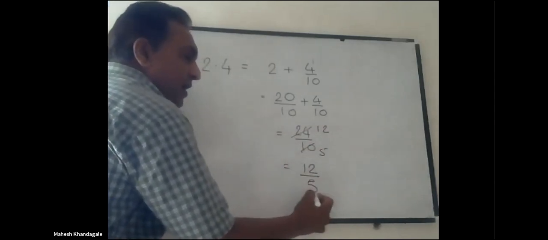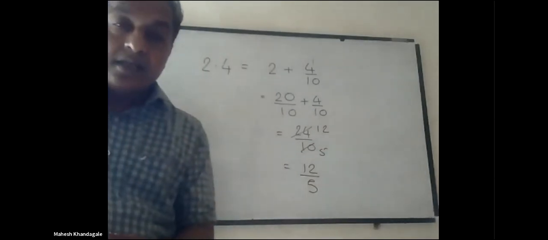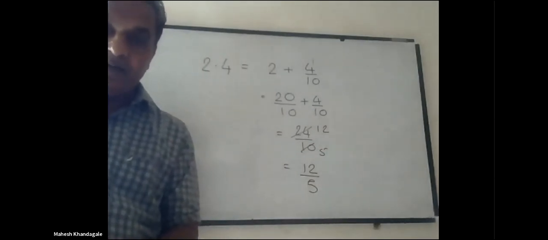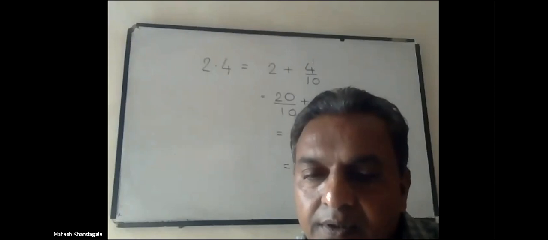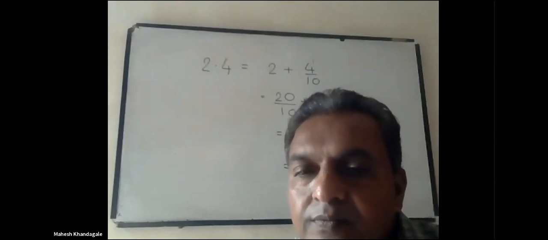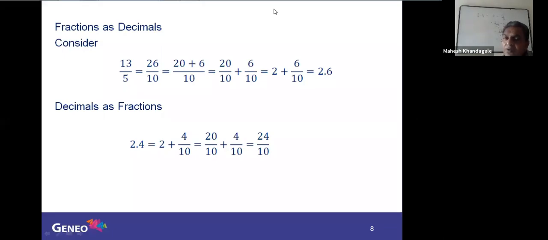So ultimately, your answer is 12 upon 5. Is this clear? Right? So simple. We can write fractions as decimal fractions, and we can write decimals as normal fractions also.